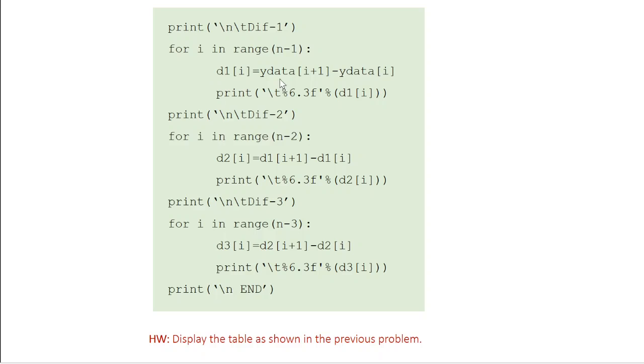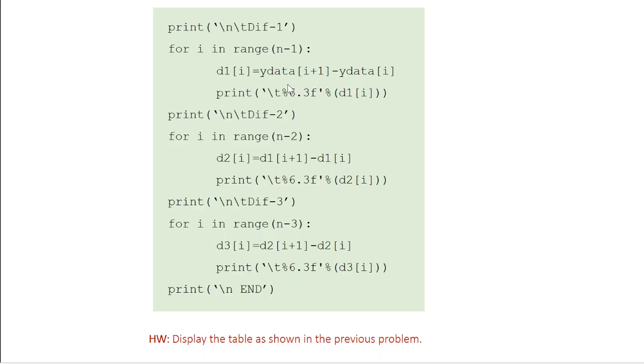So d1[i] equal to y data i plus 1 minus y data i. So once you determine the first difference term, you can print it, print \t %6.3f % d1 of i. So in this way, you print all the n minus 1 d1 terms.